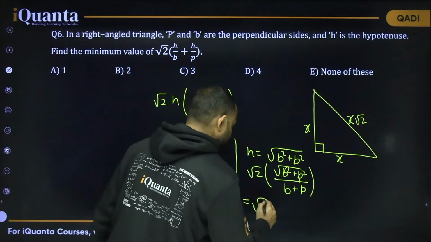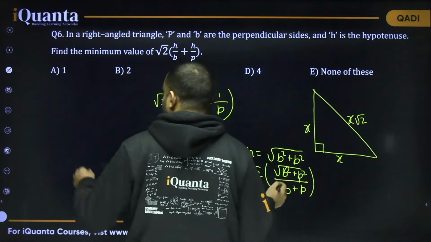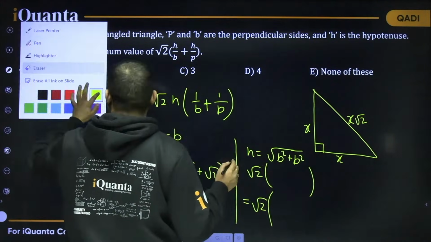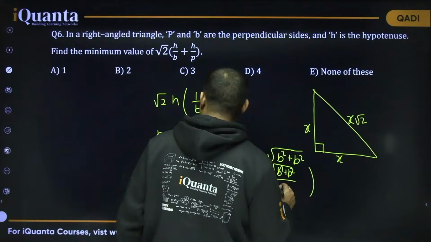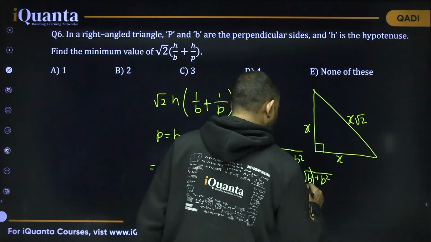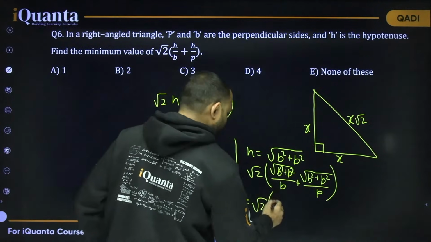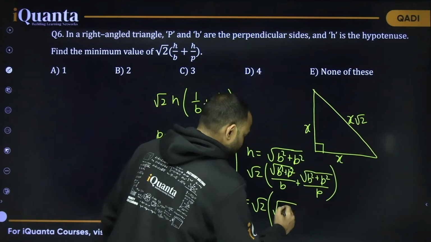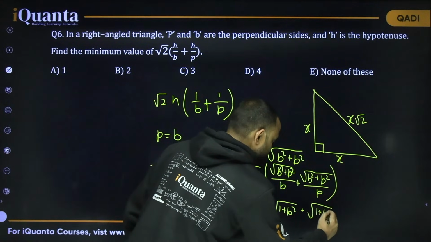Then we can write it as square root of 2, and this we can, wait a second, this should be square root of B square plus P square divided by B plus square root of B square plus P square divided by P. Further, we can expand it, B will go up and become B square. So this will become square root of 1 plus P square by B square plus square root of 1 plus B square by P square.